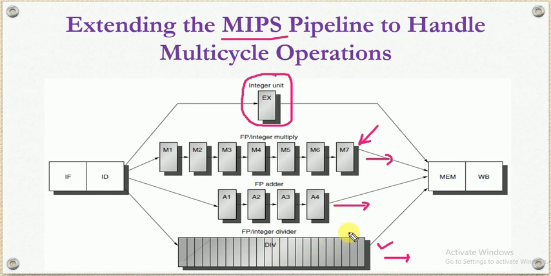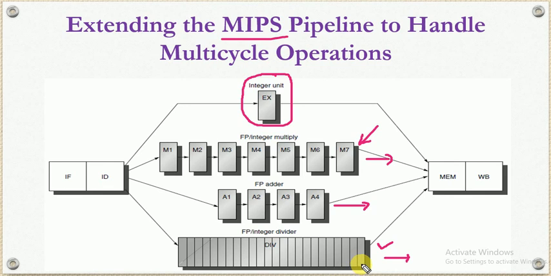And for division, we have only one functional unit available, but it is scattered over 24 different clock cycles. If it starts, it should continue until the completion of those 24 clock cycles. Until then, no other instruction can enter the same operation.